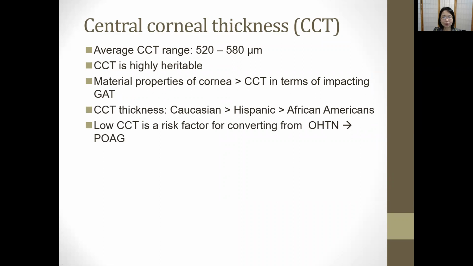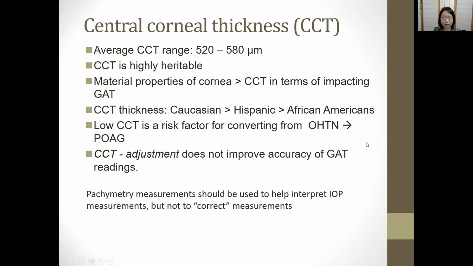In terms of thickness, African Americans tend to have much thinner corneas than Caucasians, and lower CCT is a risk factor for converting from ocular hypertension to POAG. However, sometimes the adjustment does not improve accuracy of applanation reading, and hence corneal thickness should only help us to interpret IOP, but not be meant to correct the IOP measurements.